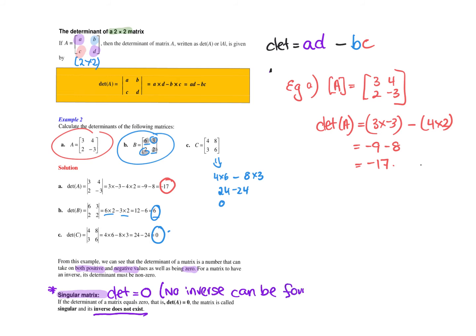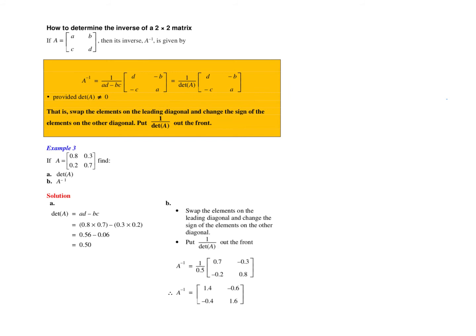Alright, so now we've worked out how to do the determinant, we can find out how to manually work out the inverse. We only have to manually work out the inverse of a 2 by 2. So once again, we're going to have this 2 by 2 matrix, which has 4 elements. Because they've called this one A, I'll call the inverse A inverse.